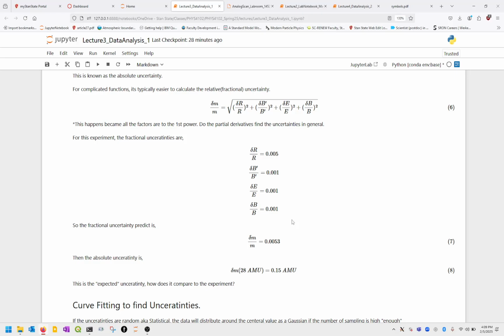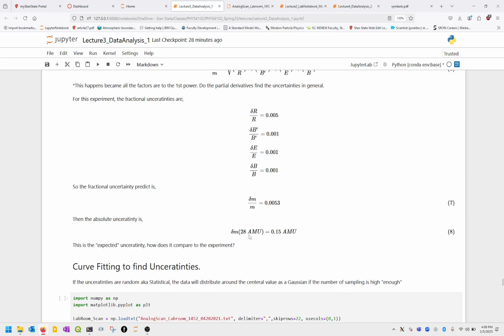The B field, all the fields, basically they're the same, is about 0.1%, okay? All right, so if you plug all of these numbers into here, the relative uncertainty combined together is actually 0.0053, so a little bit more than 0.5%, okay?